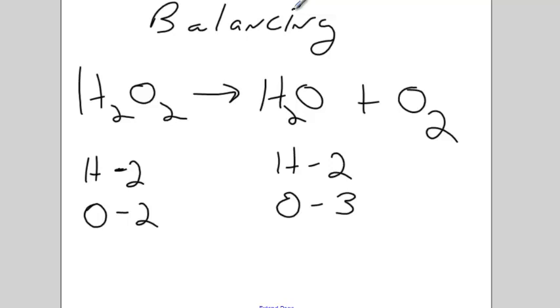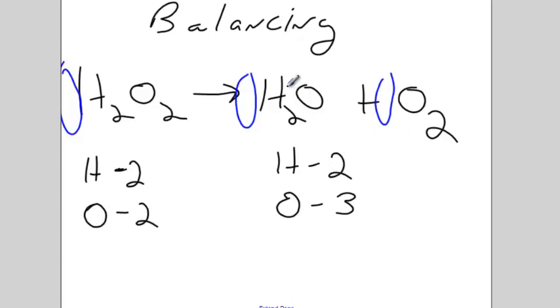When you are balancing, you can put a coefficient. Remember in math, if you say 3x, the 3 is a coefficient? You can put a coefficient here, here, here, outside of anything. What you cannot do is put any kind of coefficient in the middle.